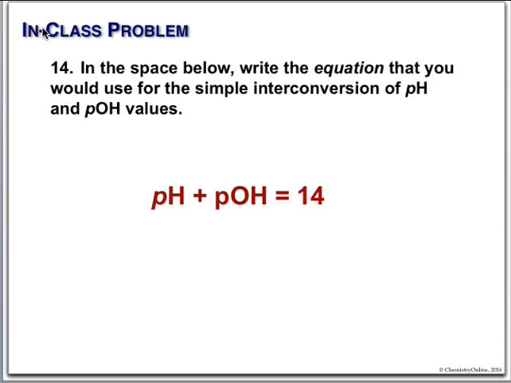They always add up to 14. pH plus pOH is always 14. Hydronium multiplied by hydroxide concentrations is always 10 to the minus 14, always. And pH plus pOH is always 14.